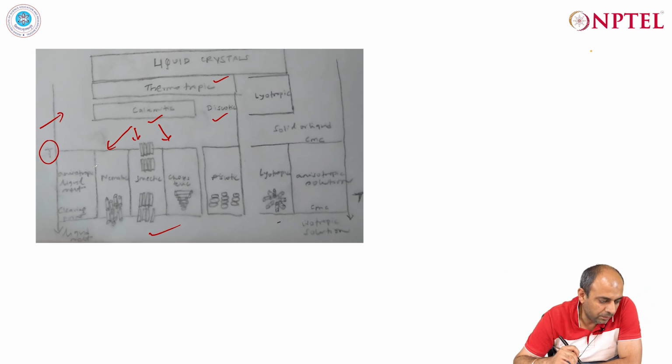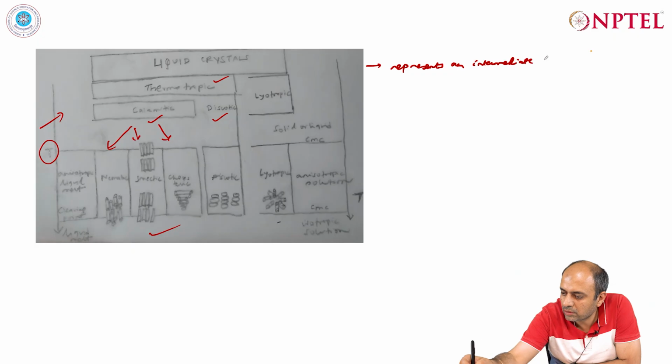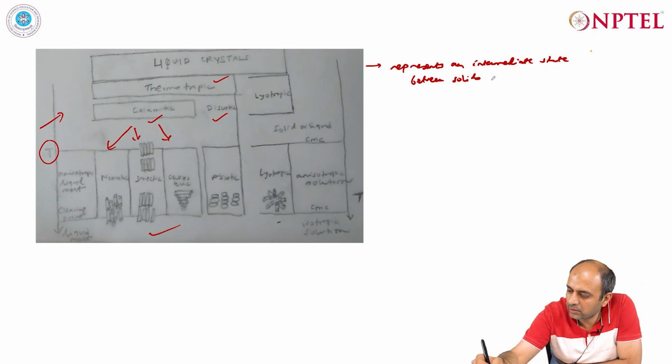And now we will look at some of the interesting examples of these kinds of liquid crystals. So, first we will talk about the liquid crystal, that it represents an intermediate state between solids and liquids.